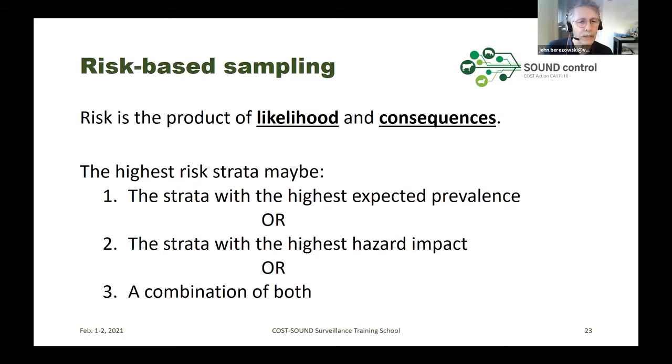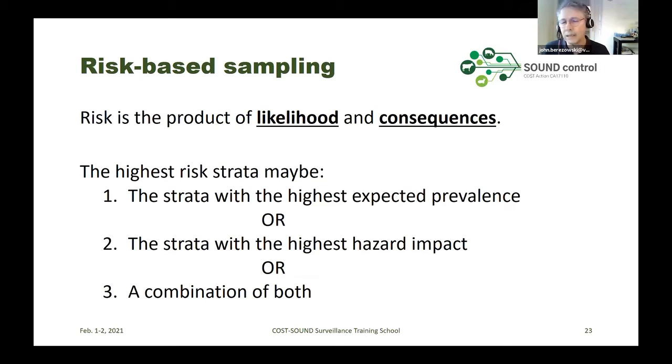And because risk is a product of both likelihood and consequences, the highest risk factor may be the strata with the highest expected prevalence, so the place where we're most likely to find the disease, or it may be the strata where we have the highest hazard impact.